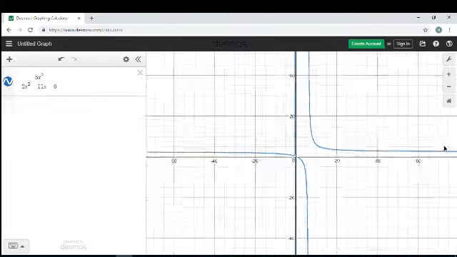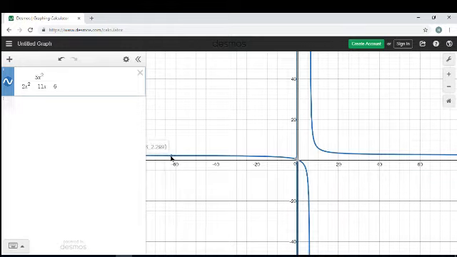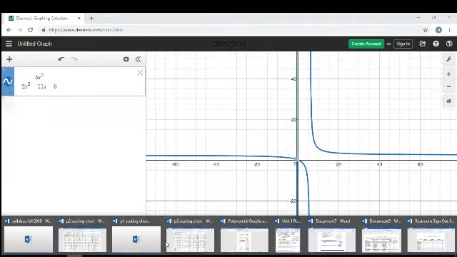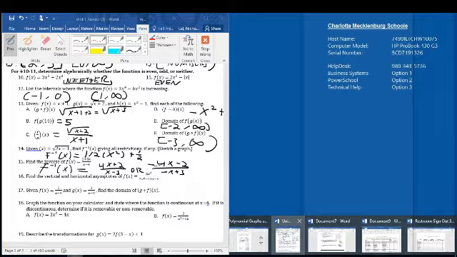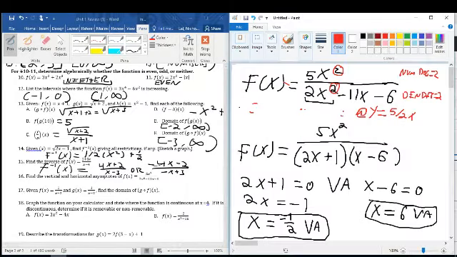So you're approaching 2.5 from the left and the right, but you're not reaching it. So you have a horizontal asymptote at 2.5. So y equals 5/2. That's your horizontal asymptote.